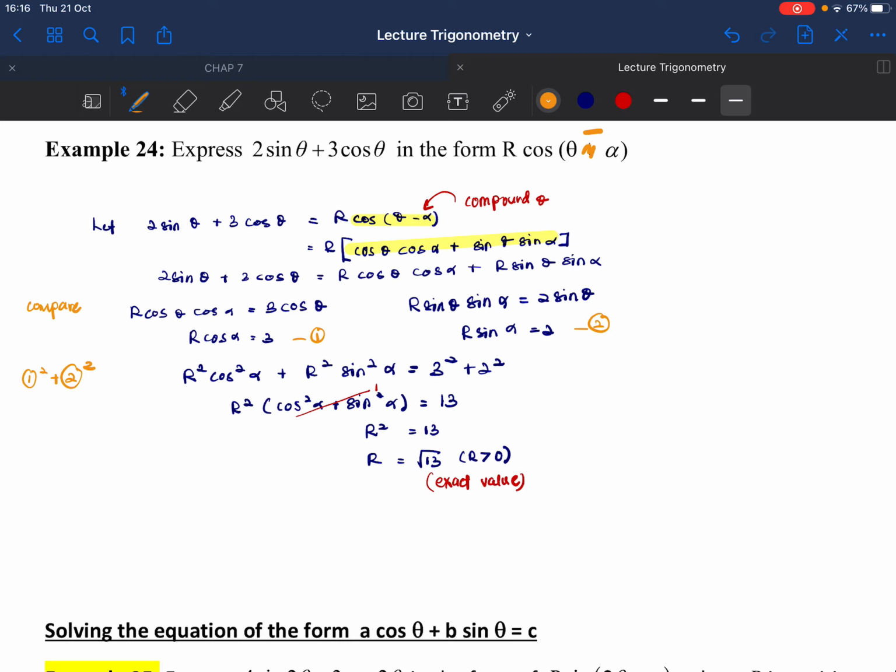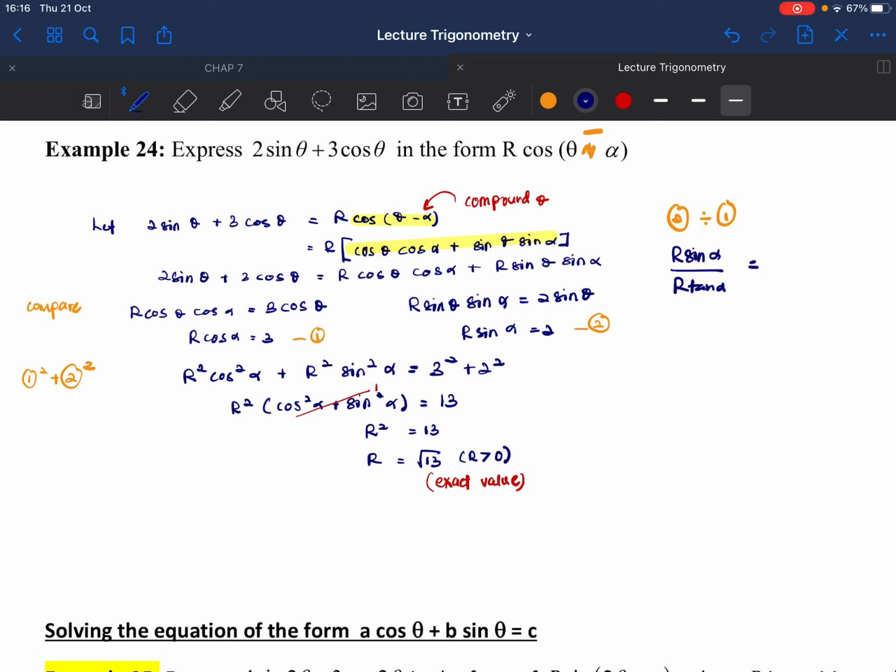So untuk cari alpha pula, basically kamu punya aim ialah untuk dapatkan tangent, ataupun tak payah fikir panjang, kita guna 2 divided by 1. Okay, equation 2 r sin alpha divided by equation 1. So we should have r sin alpha divided by r cos alpha.